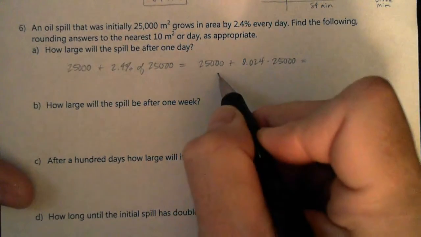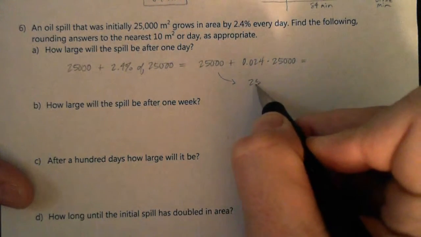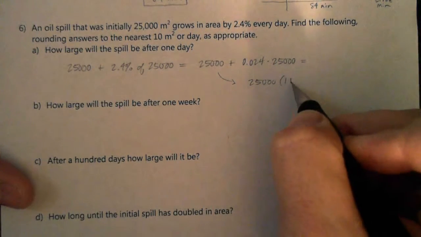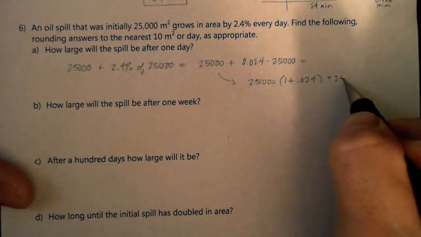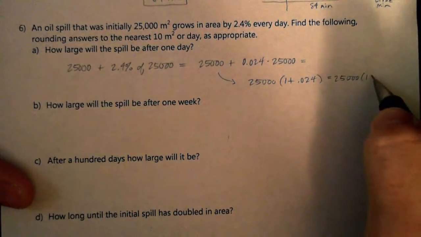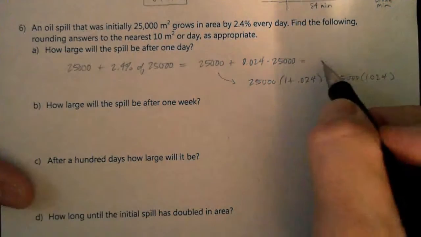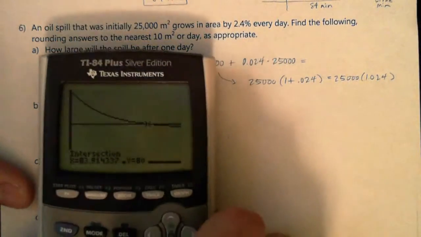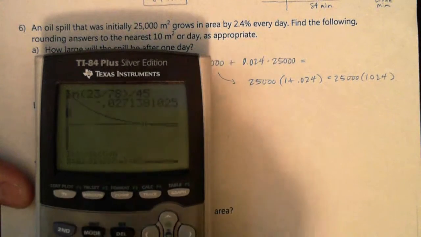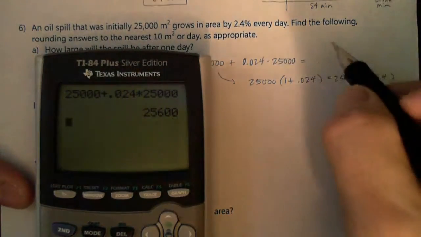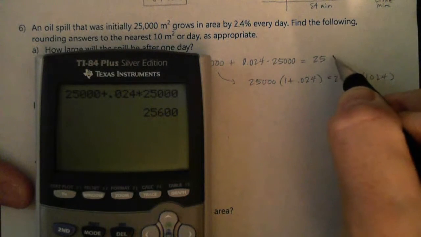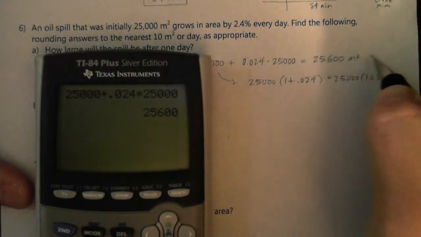And I'm just going to go ahead and write this as 25,000 times 1 plus 0.024, which is 25,000 times 1.024. And this turns out to be 25,600 square meters.